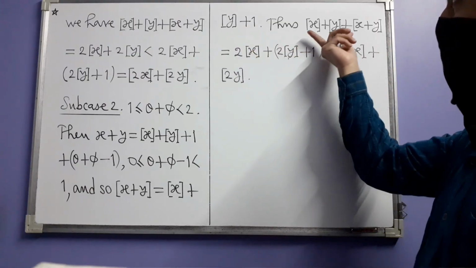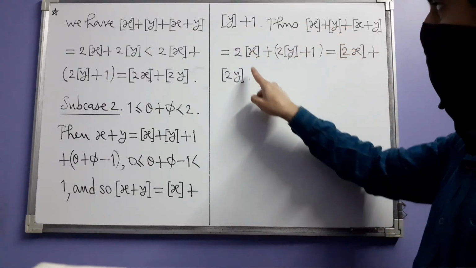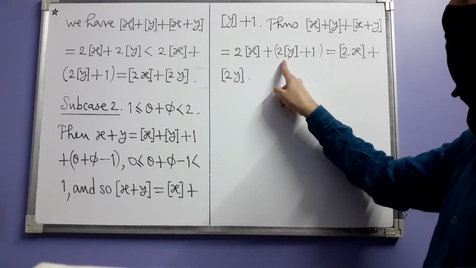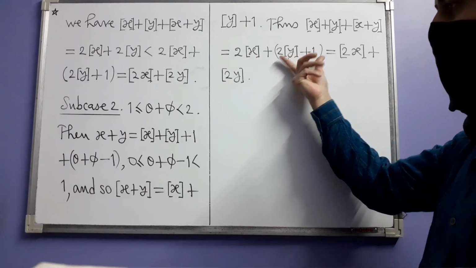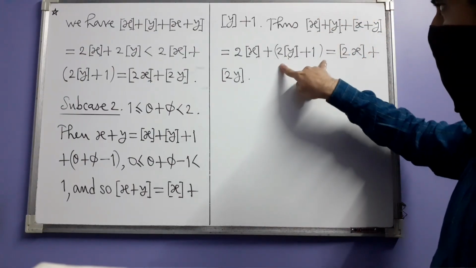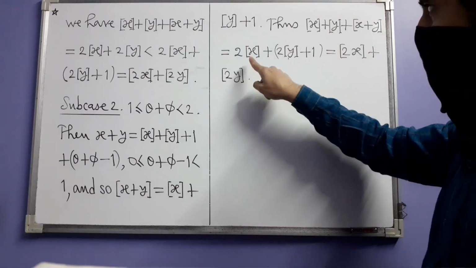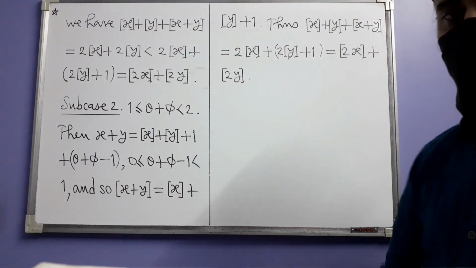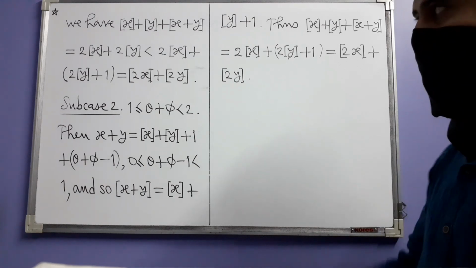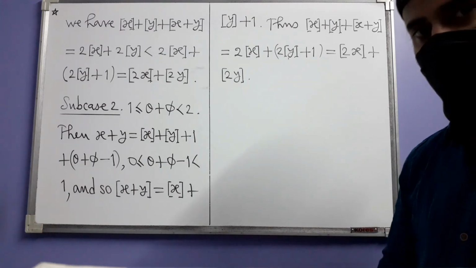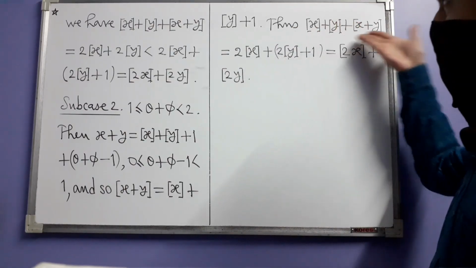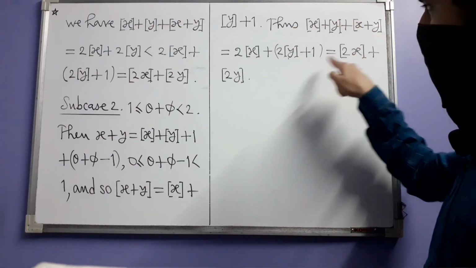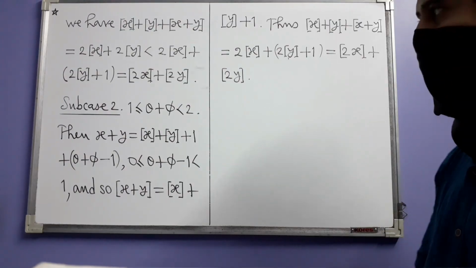But already there is box x plus box y, so you get 2 box x plus 2 box y plus 1. And we considered this part separately. As we saw there, this part equals box 2y and this part equals box 2x. So again we are getting equality, but that is included in that inequality, less than or equal to. This is still less than or equal to this sum.